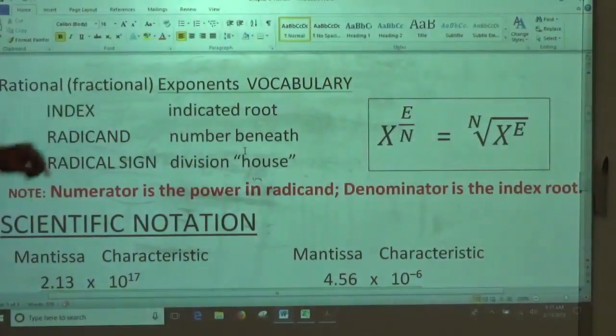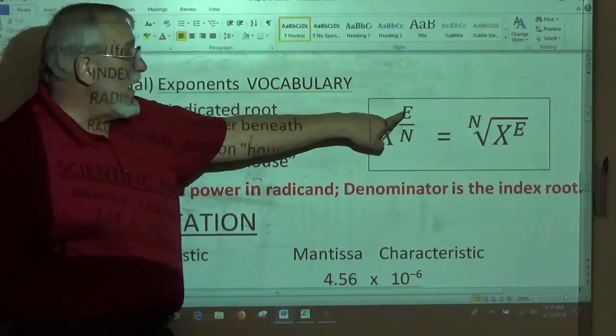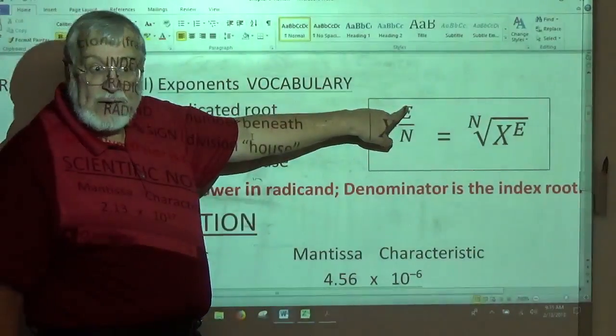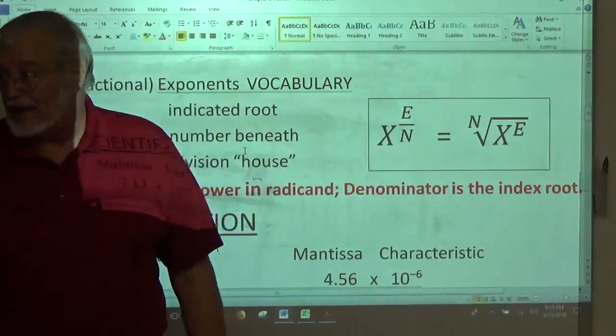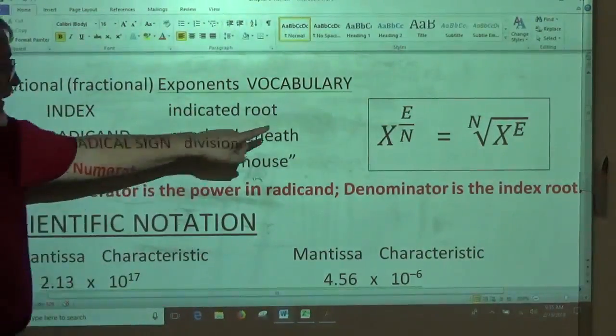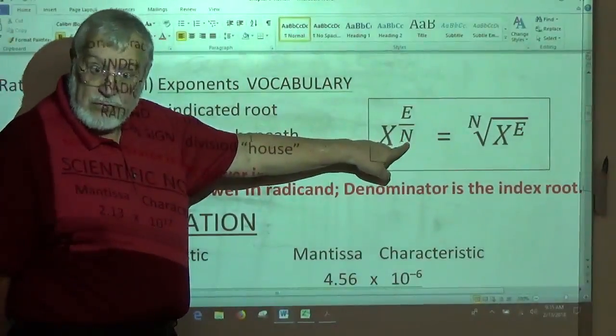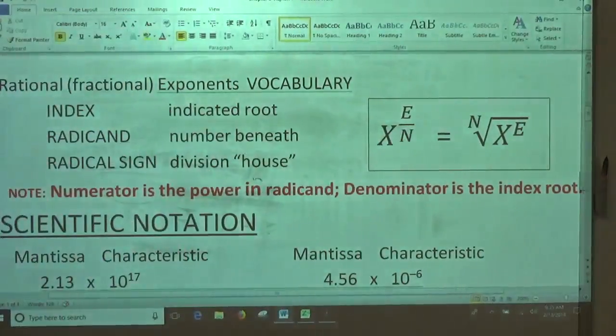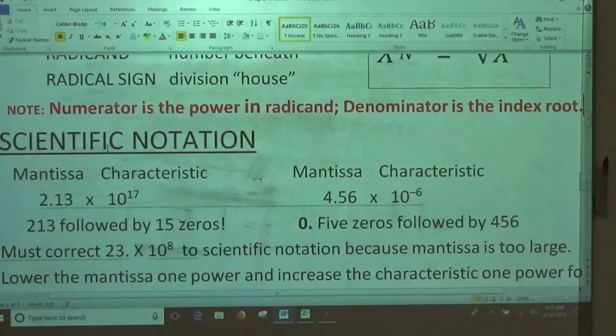And the radical sign is the square root sign. If there is a value here, it becomes the exponent of the radicand. The number in the bottom is the root. So, I've got that in red on yours. The numerator is the power of the radicand, and the denominator is the index root.